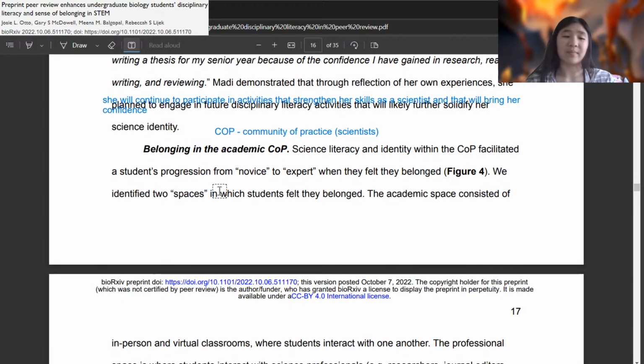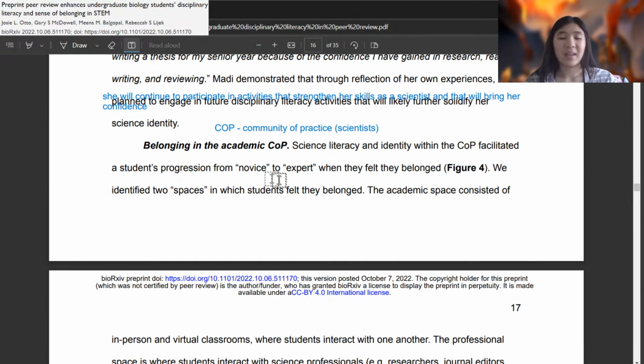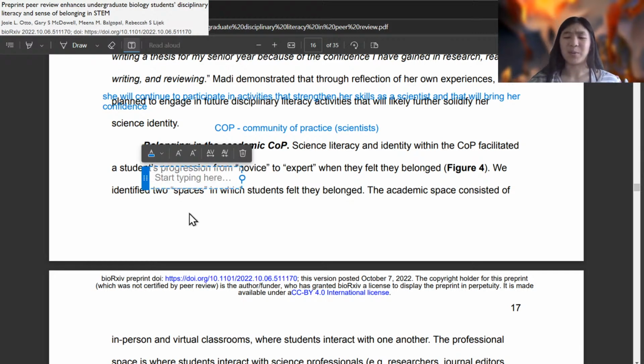So I guess part of being considered an expert is also feeling like you belong, you're allowed to stand alongside experts. Ooh, that's a very weirdly phrased sentence.